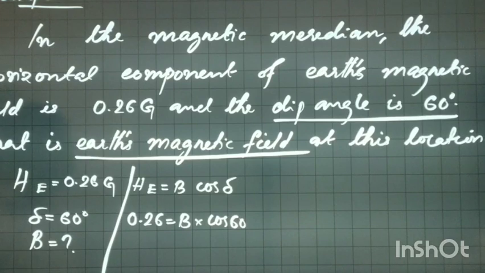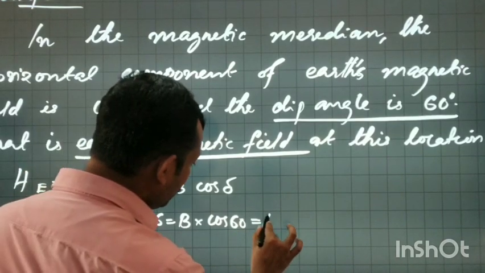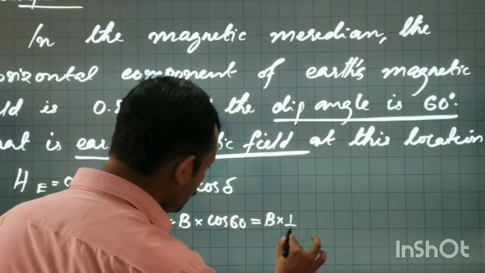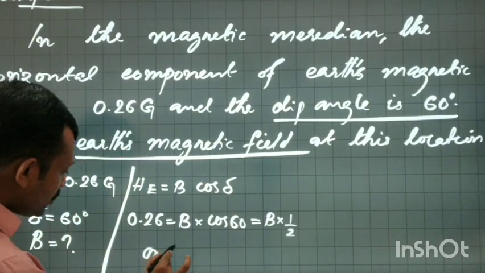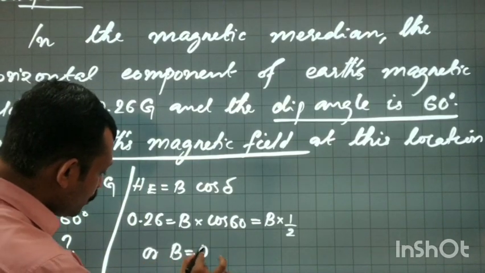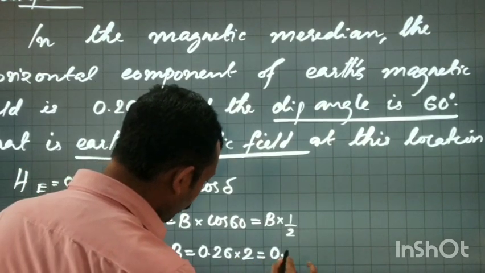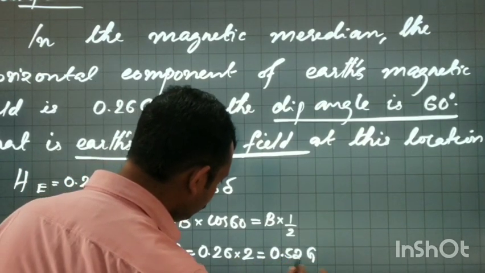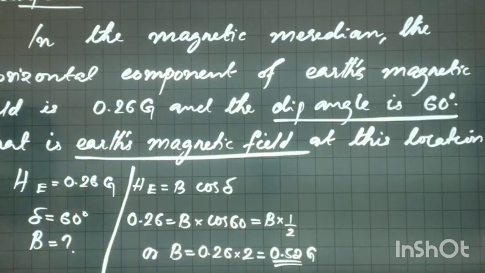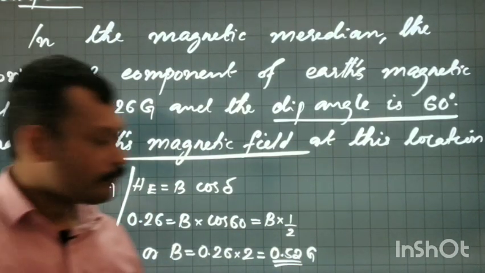We know the value of cos 60 is 1 by 2. This is B into 1 by 2, or we will get B is equal to 0.26 into 2. It is 0.52 gauss. This is the answer to example 5.9.